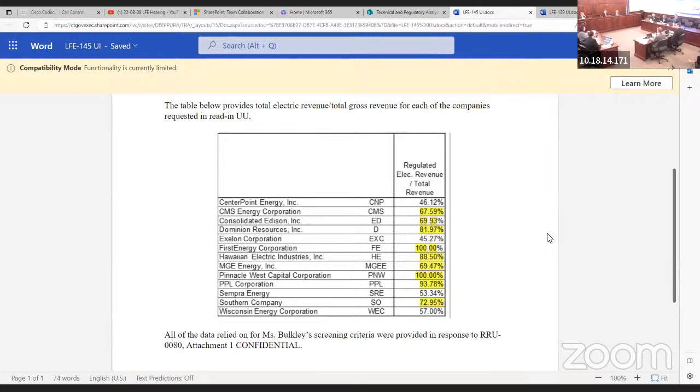Okay, you have testified previously in Connecticut with regards to electric. Subject to check, you would agree that your screening approach here on the revenue side is a much higher bar than what the authority uses. We have, subject to check, used 70% of electric revenues to total.